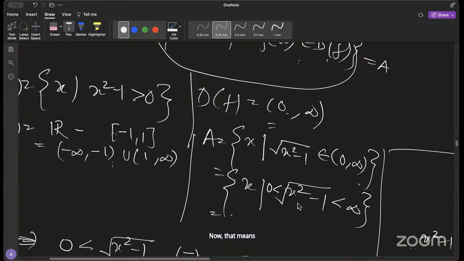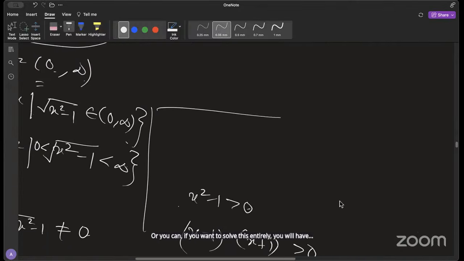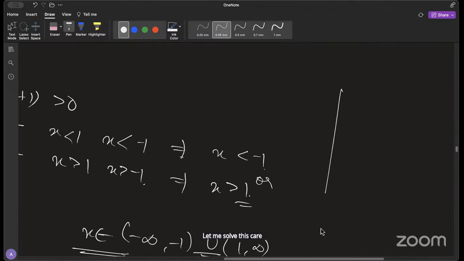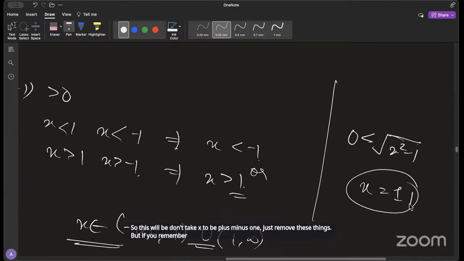Now here you only have a problem at 1. Or if you want to solve this entirely, you have the square root of x square minus 1 greater than 0. So don't take x to be plus minus 1, just remove these things. But if you remember, you've already removed them here, right?